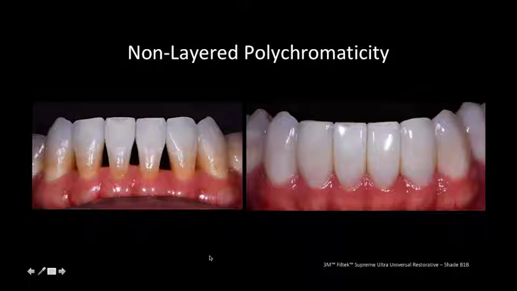So these restorations were overmolded with Filtech Supreme Ultra Universal Restorative Shade B1 body. But by managing the thickness of the composite, I was able to get probably about 85% blockage of the underlying coloration, but just allowing a tiny bit of warmth to show through.